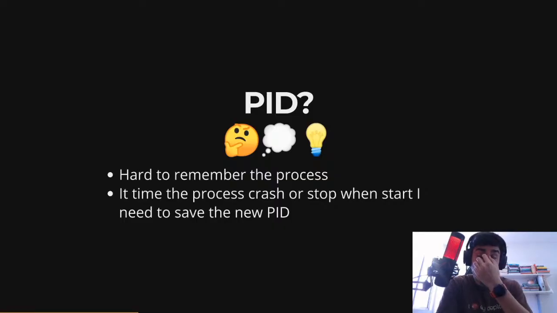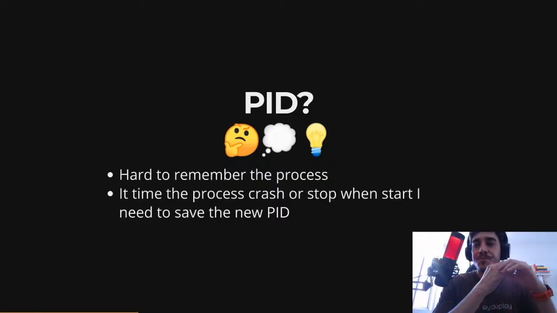It's very difficult to keep the storage and know what each process represents, and whether the PID is still alive or not. And we need to check it. So we need to create some code to provide us this.